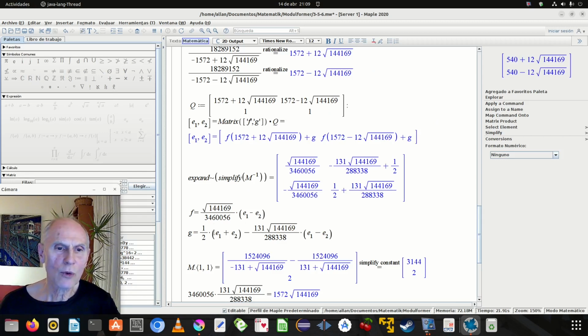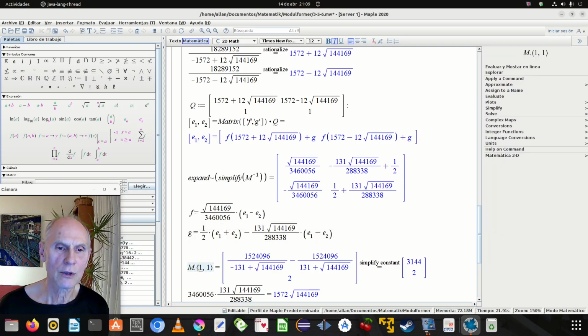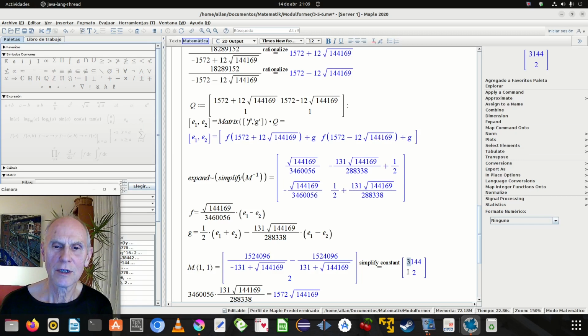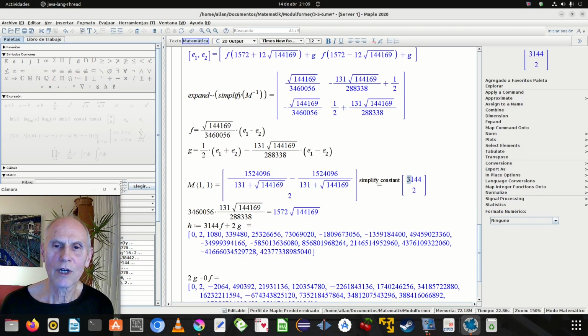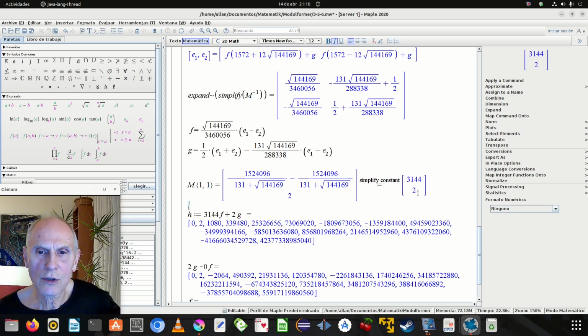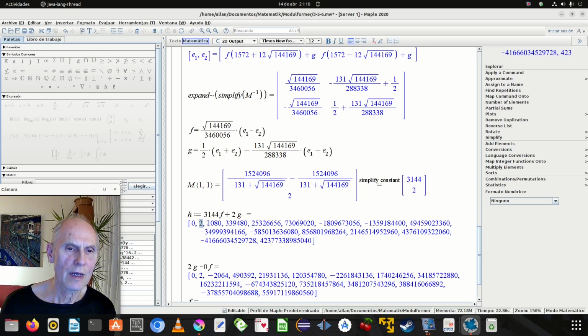next, when I saw this, so it wasn't wasted, then I cognited and said, we must use, of course, E1 plus E2. So I computed the coefficient of E1 plus E2, and that turned out simply to be 3,144 times F plus, that's just to prove the reduction, plus 2 times G. And we see that it actually comes out right.